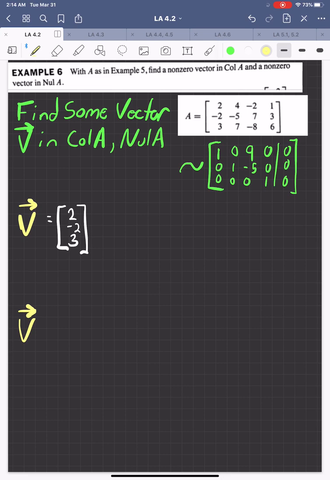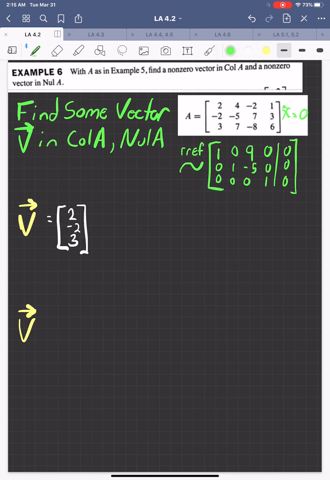What we would have to do is first take your matrix A and then row reduce it, which is what I've done here. So that's the row reduced form. Since it's AX equals 0, you would set it equal to 0 and then RREF your given matrix.